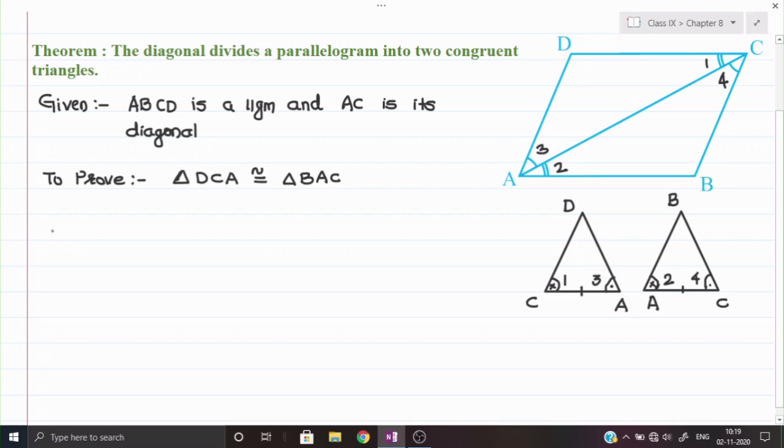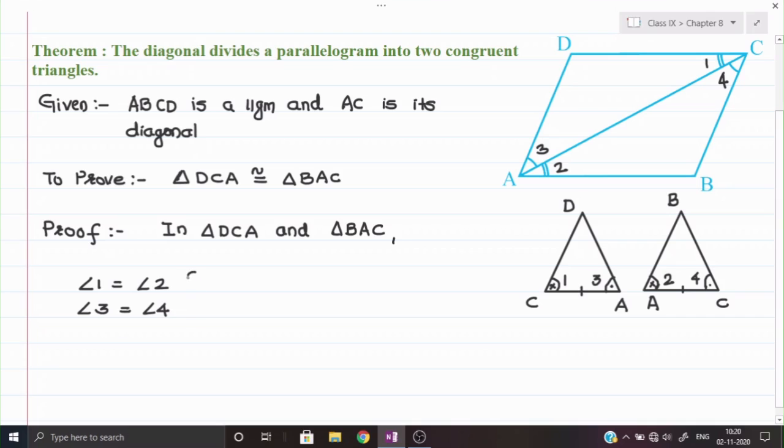Okay, let us start the proof. So in the proof, first we shall write down in triangle DCA and triangle BAC. First we shall mention here angle 1 is equal to angle number 2 and angle 3 is equal to angle number 4.